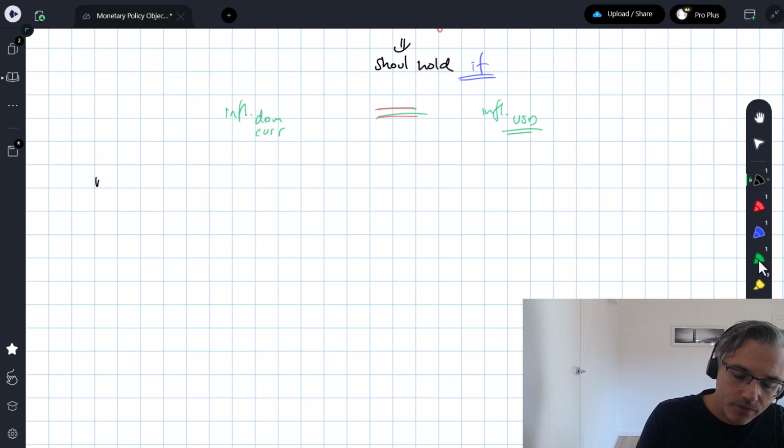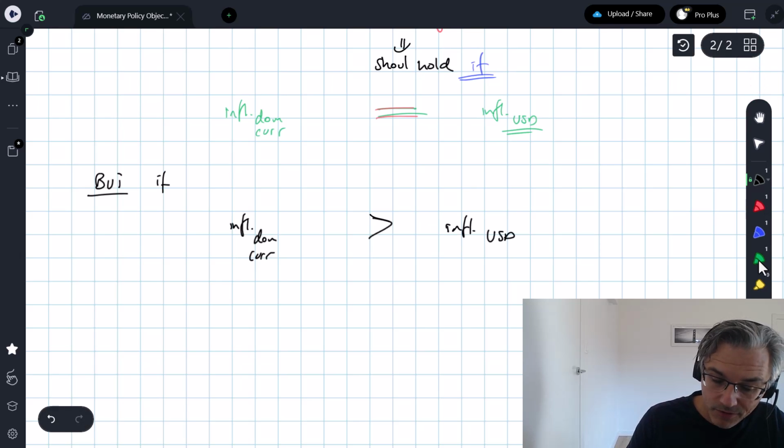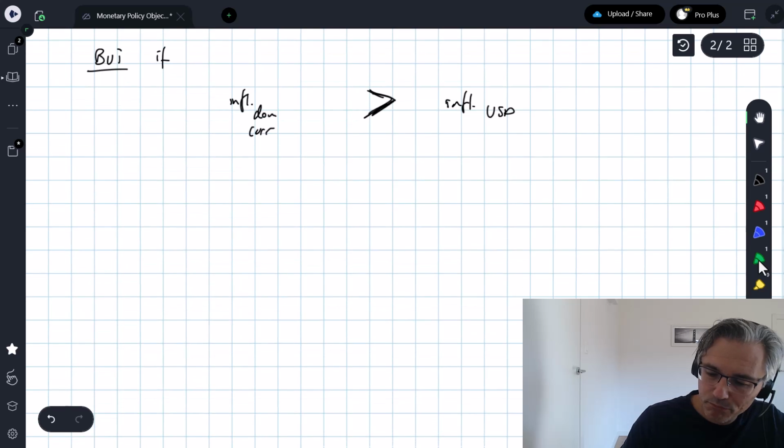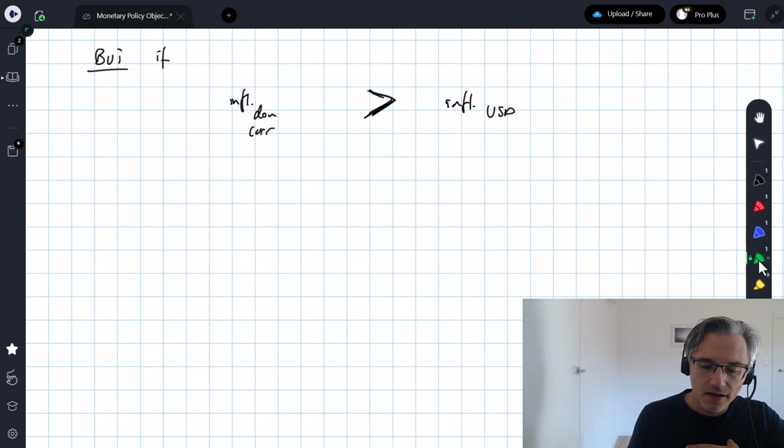However, what if it doesn't work? Or if the inflation in the domestic currency is actually higher than the inflation in the US dollar? What if this is the case, which it often is? Then there will be, let's say, straightforward effects happening in the market.